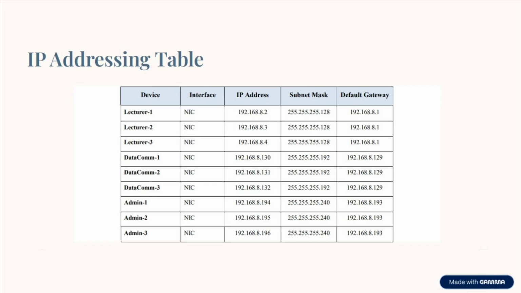The subnet masks are configured according to the requirements of each subnet, allowing efficient IP address allocation and proper network segmentation. Overall, this IP addressing scheme ensures that all PCs can communicate within their respective network and access other networks through their designated default gateways.